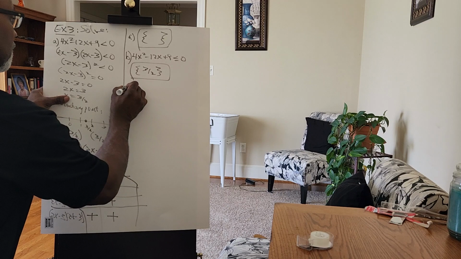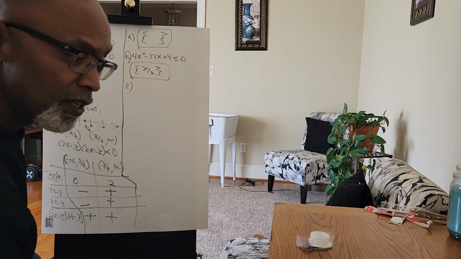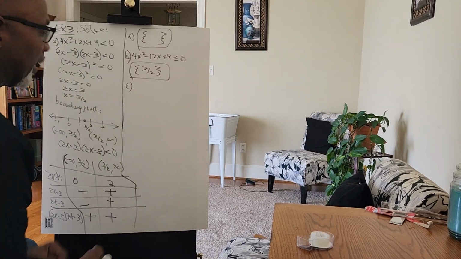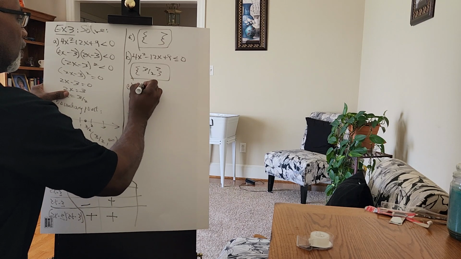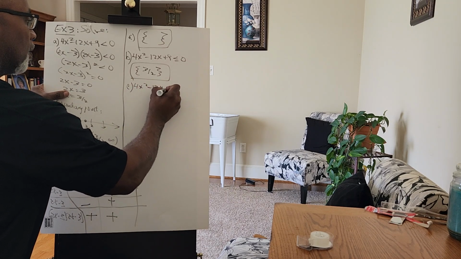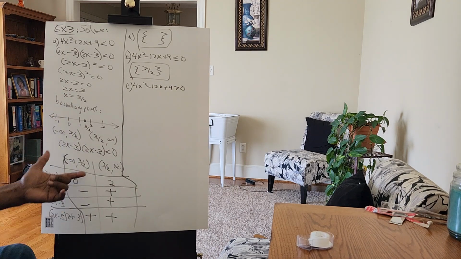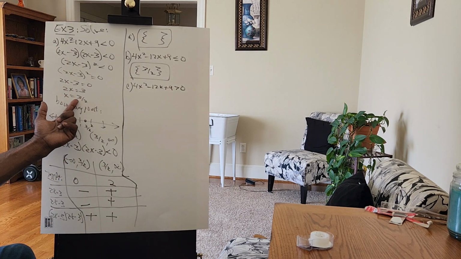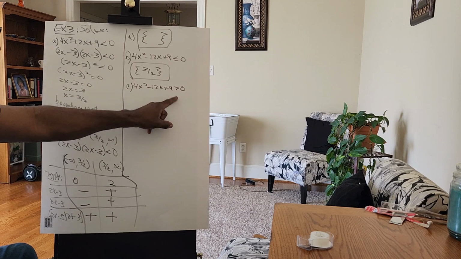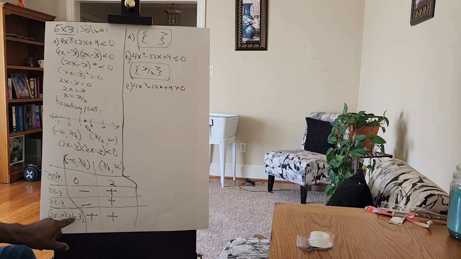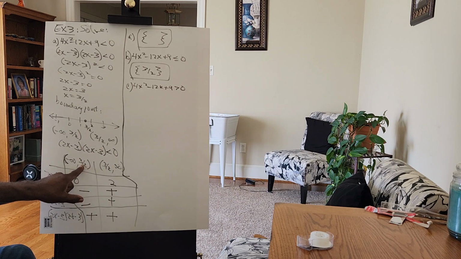Part C says 4x squared minus 12x plus 9, this time greater than 0. Again, I go to my chart. It's equal to 0 at 3 halves, but now I want to know where it's positive. This product, 2x minus 3 all squared, is positive in the interval from negative infinity to 3 halves.